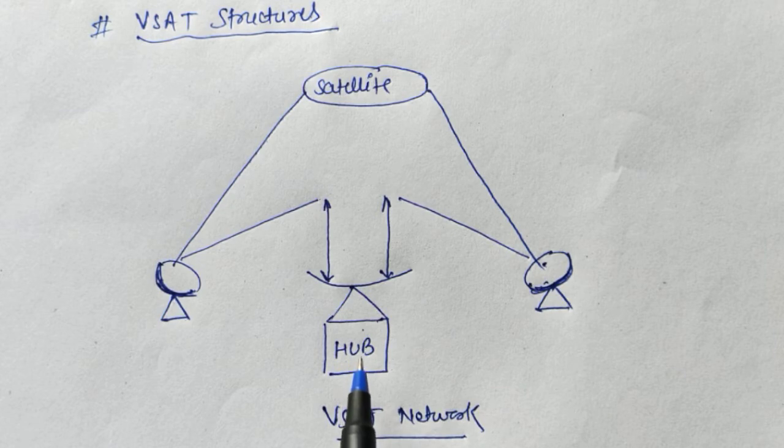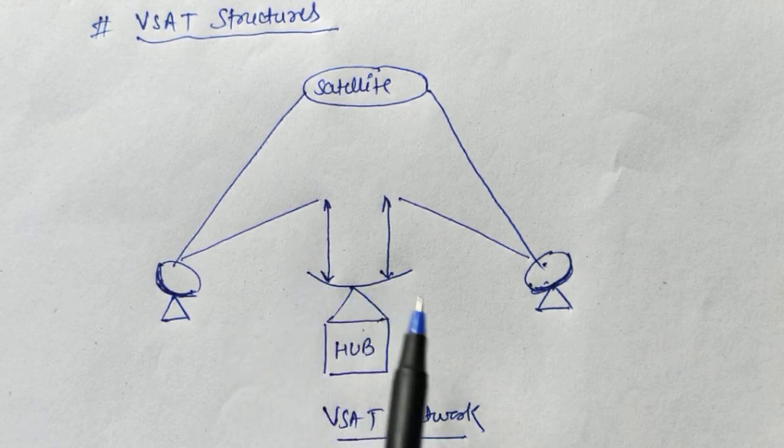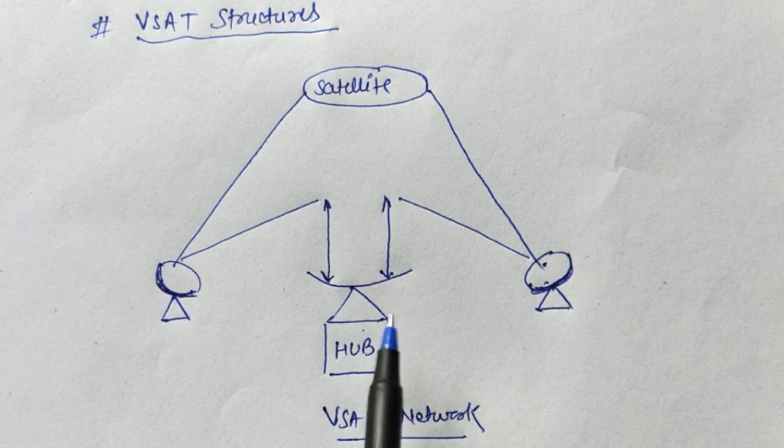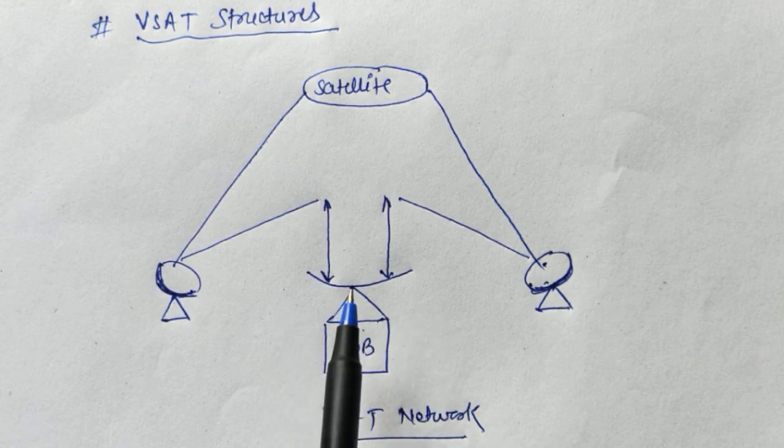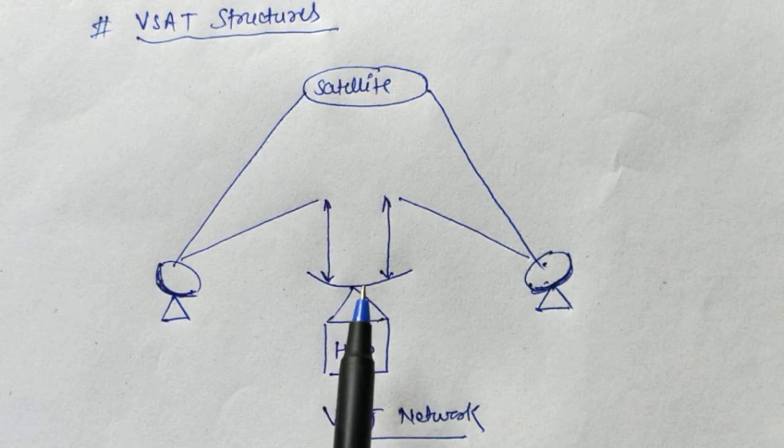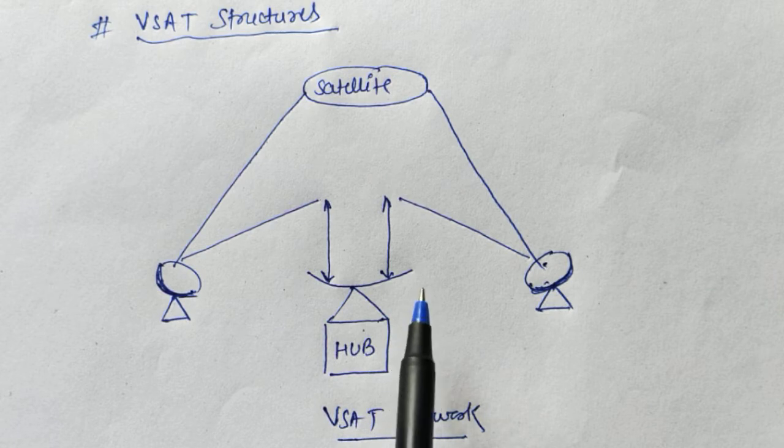So it consists of a hub station, which provides a broadcast facility to all the VSATs in the network, and the VSATs themselves, which access the satellite in some form of multiple access mode.